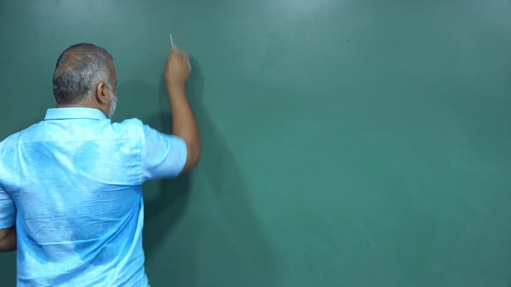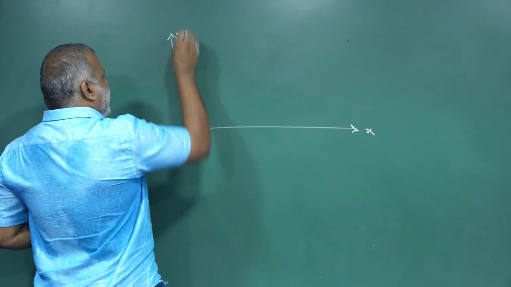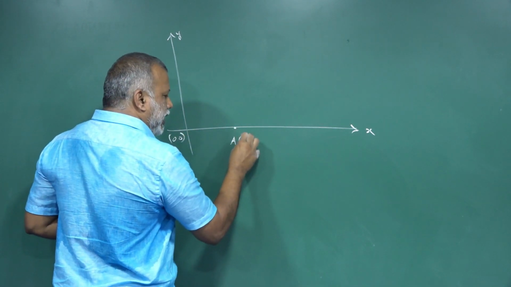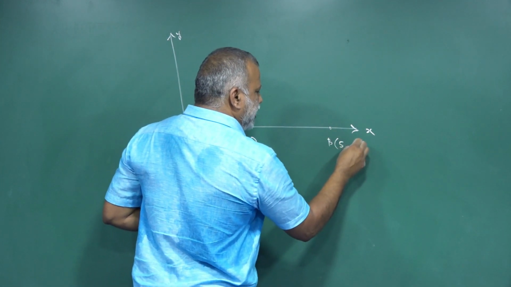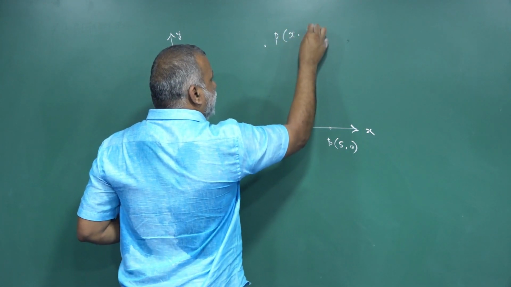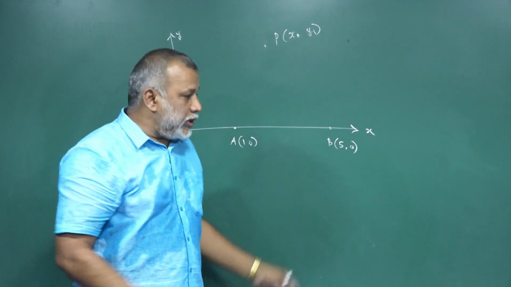Just draw a rough diagram, then only you can understand very clearly. This must be A (1, 0). I can take another point, B (5, 0). A point P (x1, y1). Just now I gave an example in your introduction class.